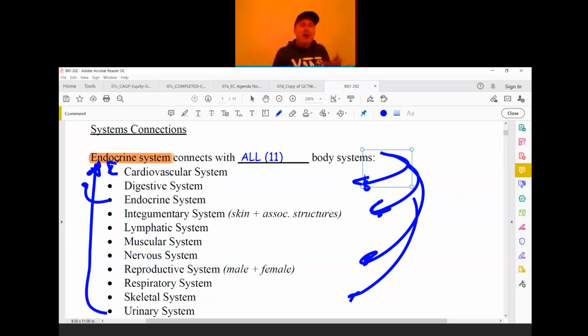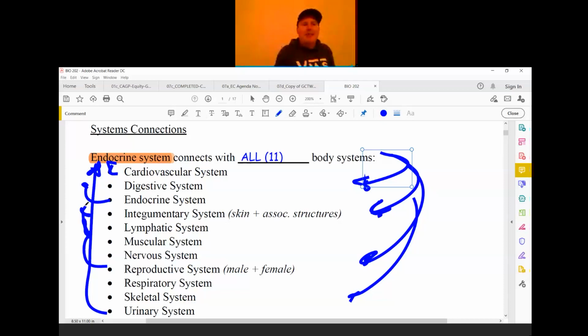And that's the reason why I said that this is probably the hardest chapter for most students, because to understand fully the hormonal system, how hormones are made, how they work, how they are deactivated, and how they are removed from the body, you really need to know almost the other systems as well. But because we can't just skip the endocrine system and then at the end dump it on you, we're going to do it at this point.